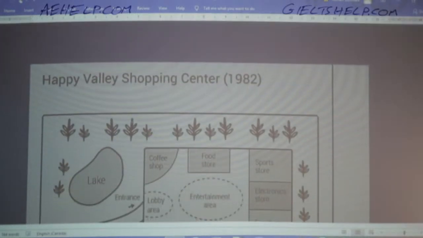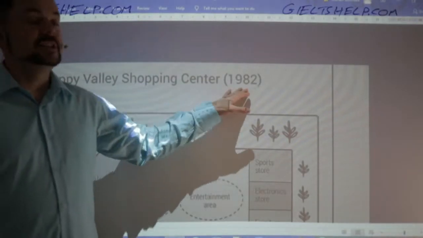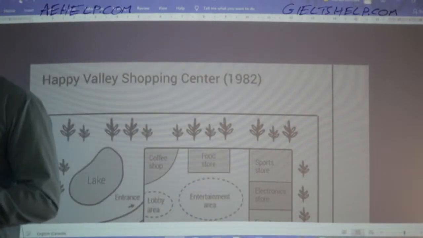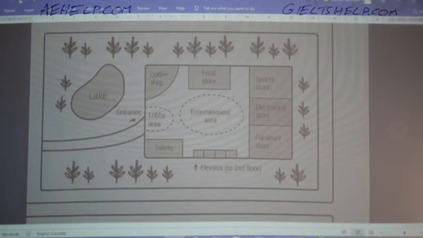Okay, let's take a look at these two diagrams. So here we go. It is the Happy Valley Shopping Center in 1982. And then here we have a little map of the shopping center.